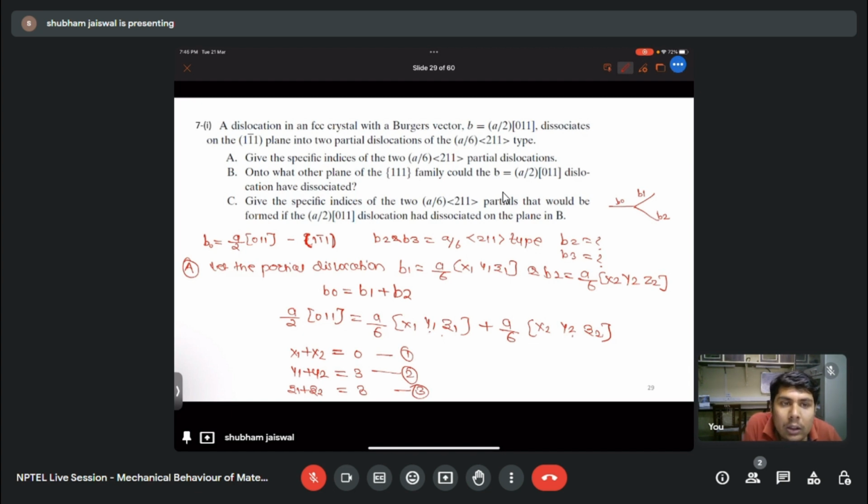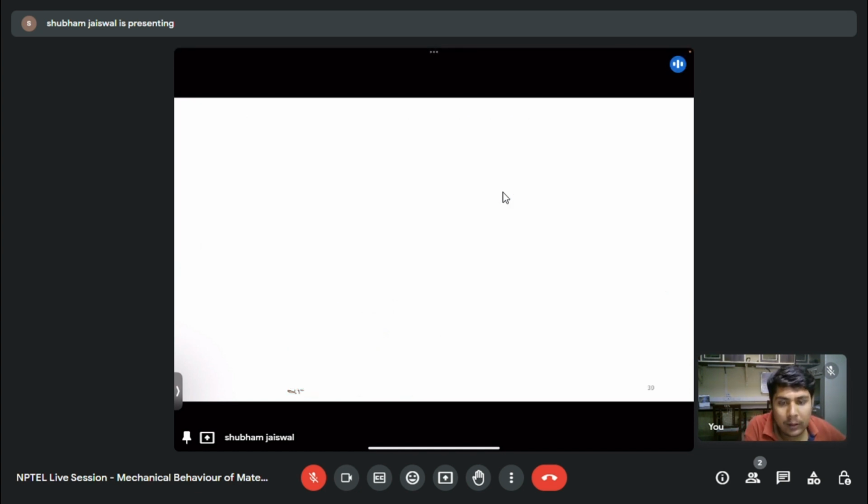What they are saying is that this is dissociating on the 1 bar 1 plane, so their dot product should be 0. Is it not? So the partials also lie on 1 bar 1, and we can write b1 dot 1 bar 1 equal to 0.